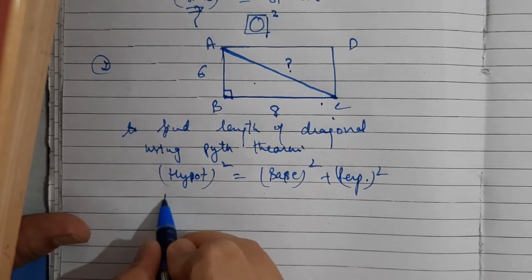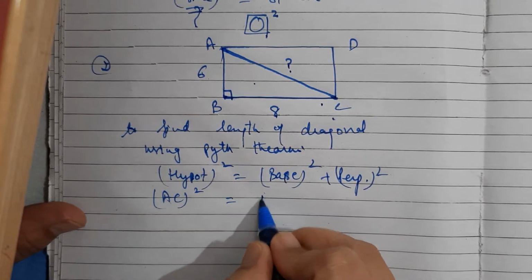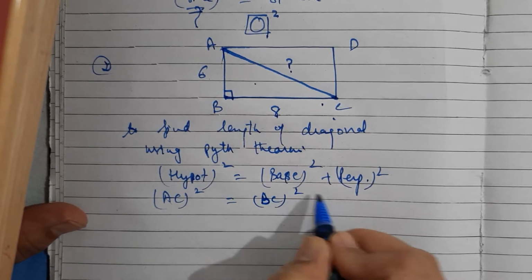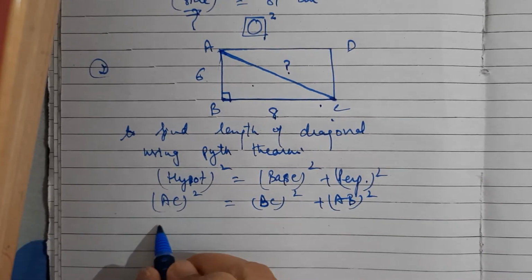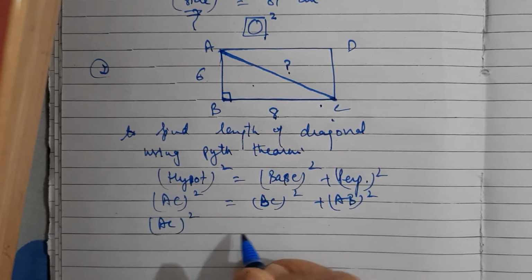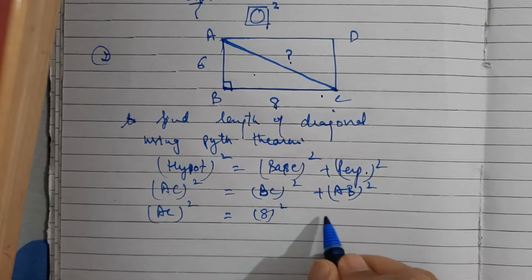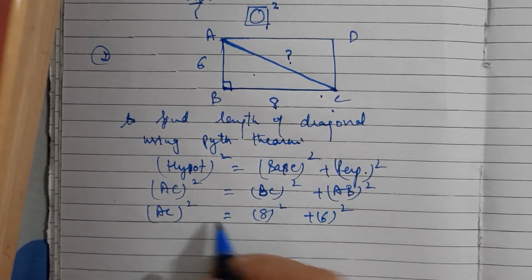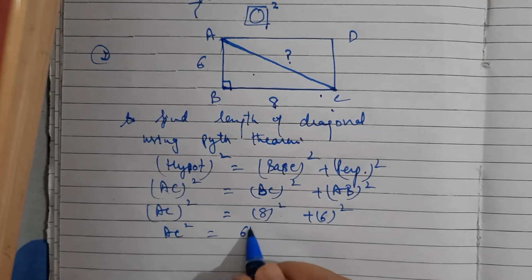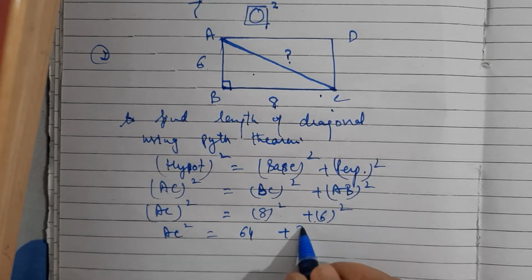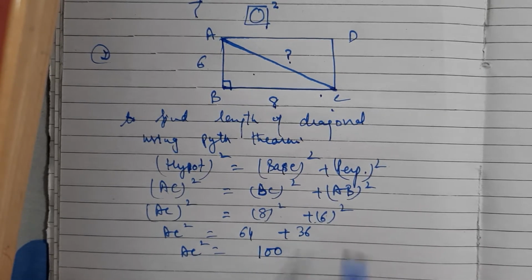So I am just replacing this by the name of the sides. AC, the length of the diagonal which we have to find out, AC square is equal to BC square plus AB square, which is 8 square plus 6 square. Square of 8 is 64, square of 6 is 36. So AC square is equal to, if we add, 100.